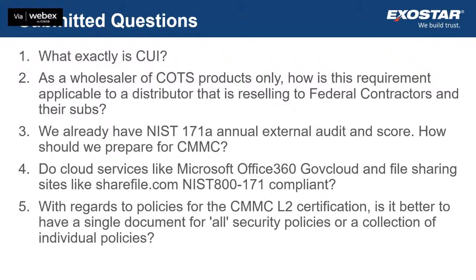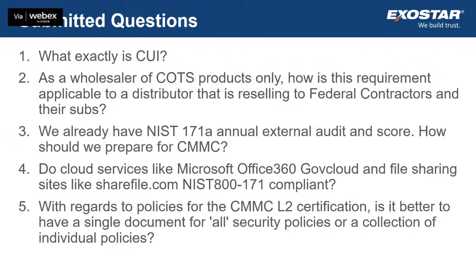All of these things typically come with what's called a shared responsibility matrix, where they take care of some of the controls when you're in that environment, but if you exit that environment, if you remove things from that environment, then your internal controls take over.